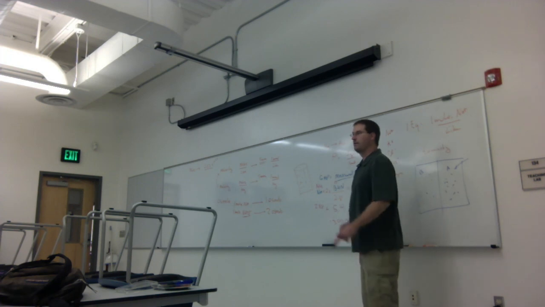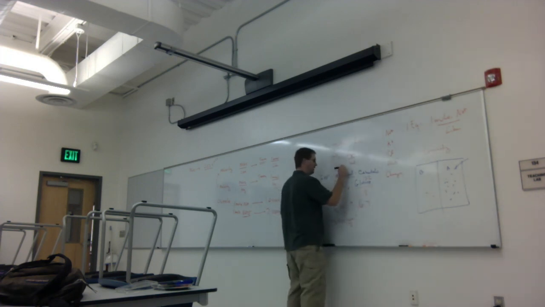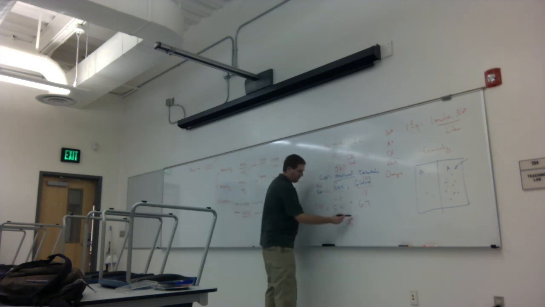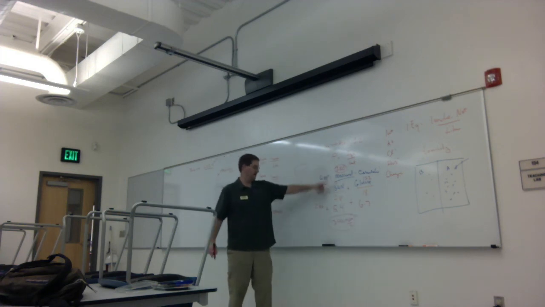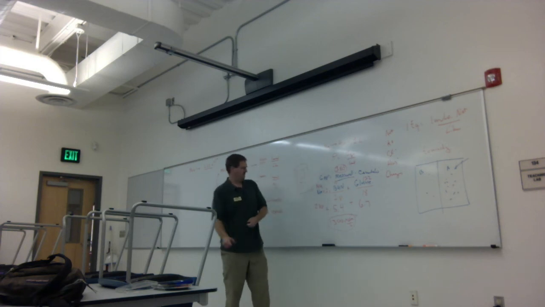Yours equals 380. So right away we notice a problem. The measured osmolality is a heck of a lot higher than the calculated. Would you guys agree? The difference is 80 milliosmoles per liter, right? So what does that mean?